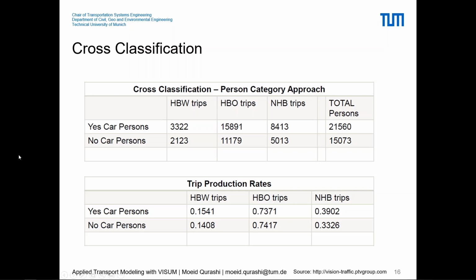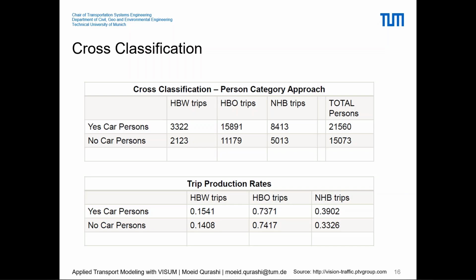So here we are also dividing the demand model by car ownership, and you have two different person groups, that is yes car and no car, and then you have three different trip purpose groups, that is home-based work, home-based other, non-home-based. And yeah, this is the idea of how you can extract production rates with cross classification.